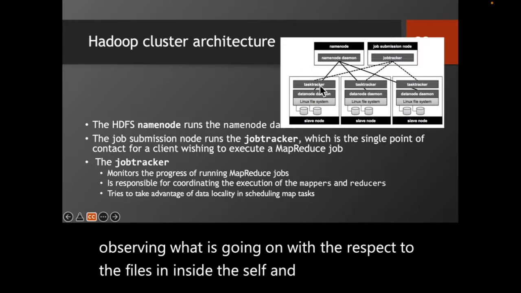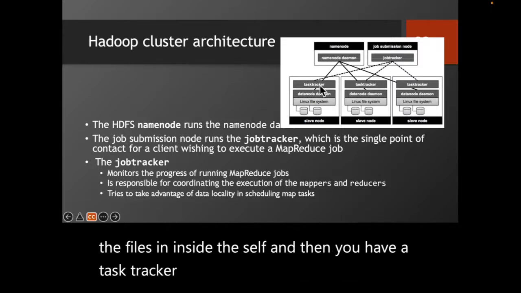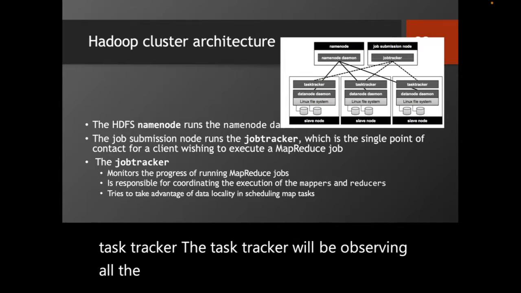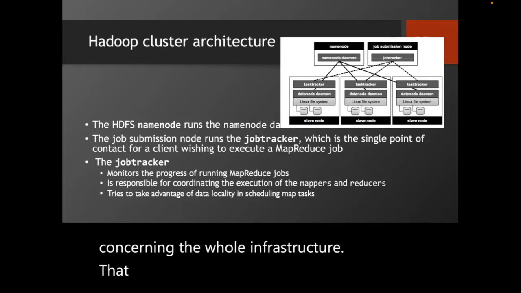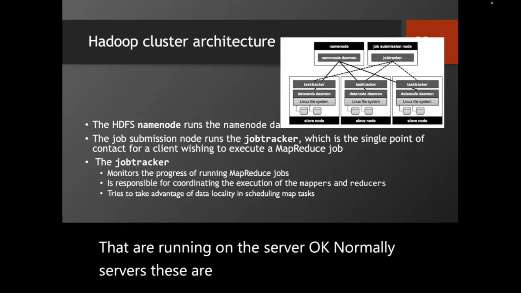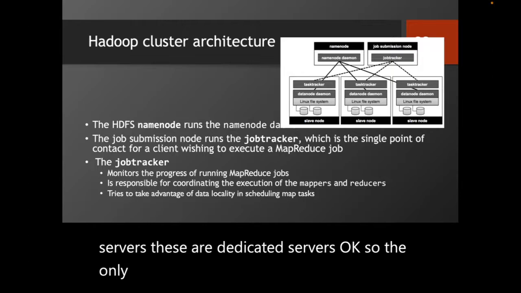And then you have a task tracker. The task tracker will be observing all the processes that are running concerning the whole infrastructure on the server. Normally, these are dedicated servers, so the only possibility to access them is through the coordinator.